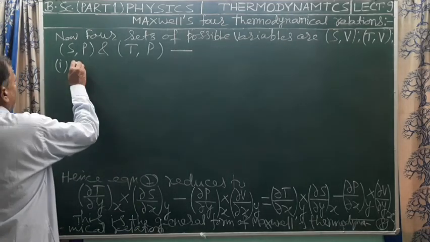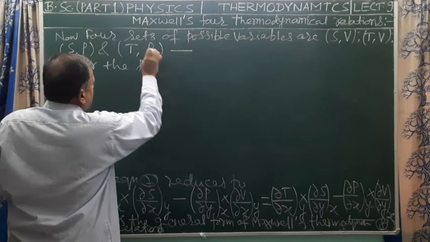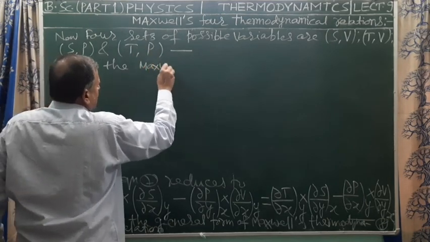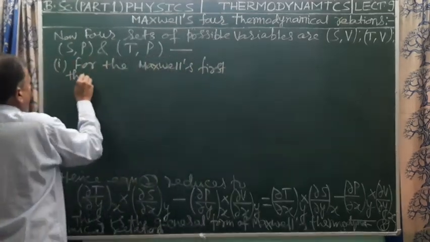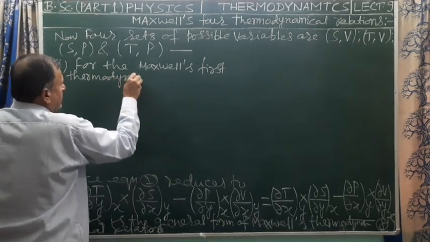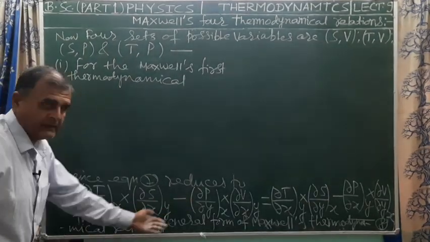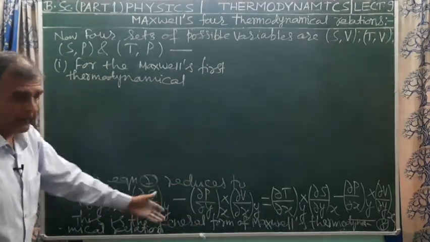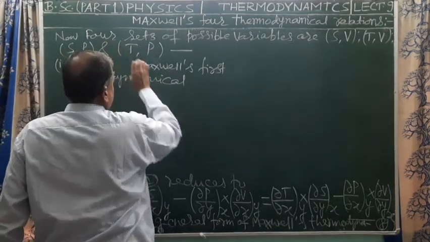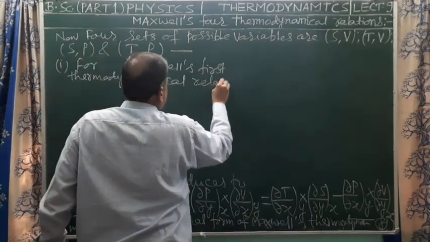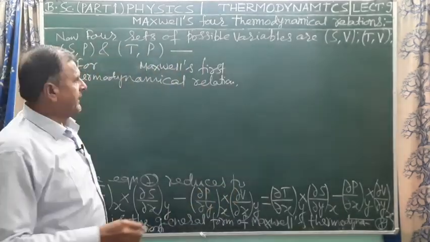So for Maxwell's first thermodynamical relation, which we will obtain from the general form of Maxwell's thermodynamical relation given by equation 8, we have the first set of two variables SV.